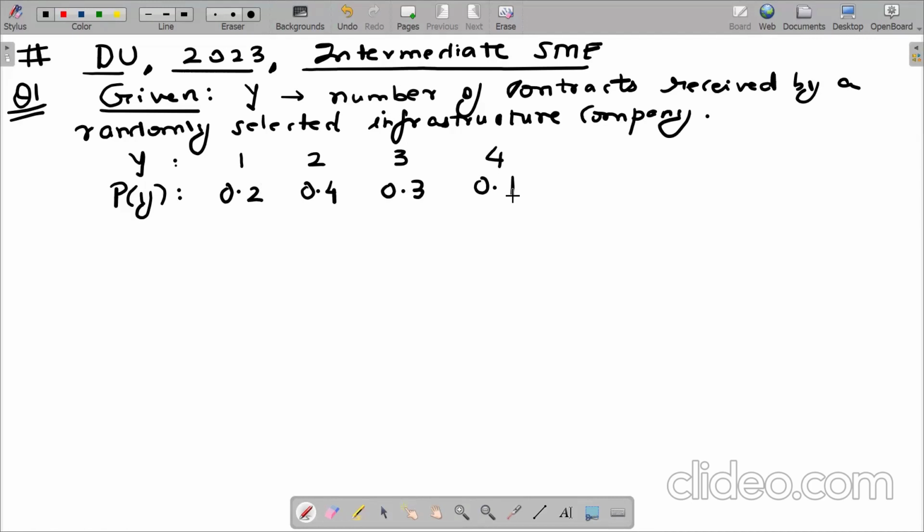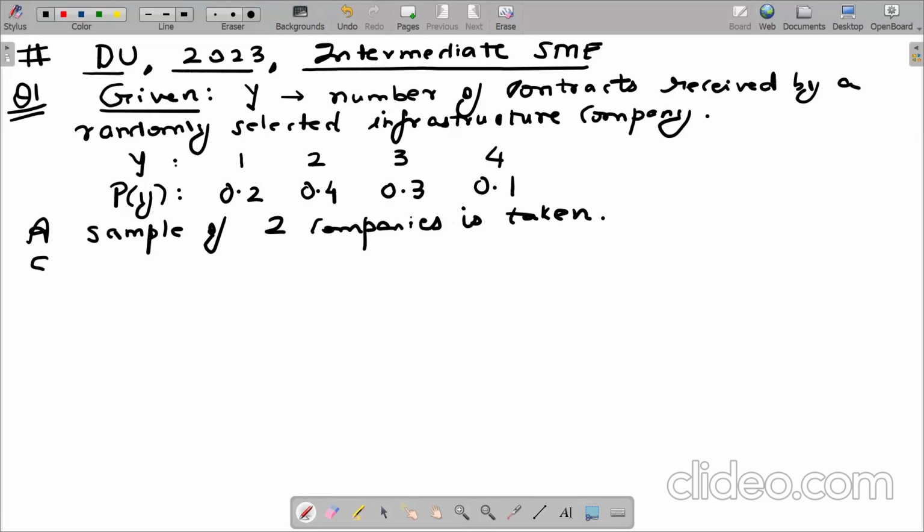I have 2 such companies, because a random sample of 2 companies is taken. So what are my possible outcomes? It's like throwing 2 dice.